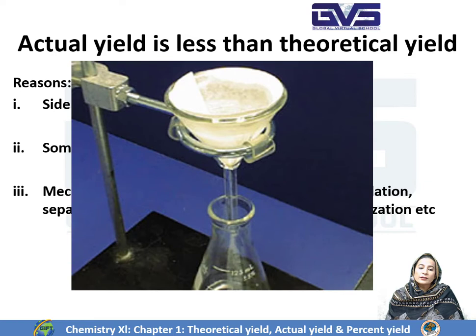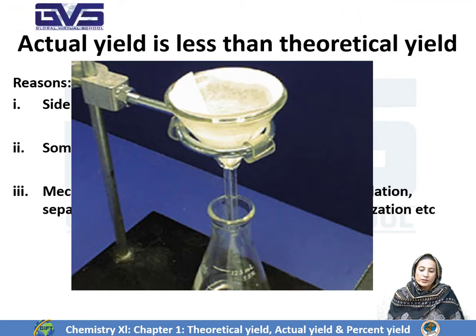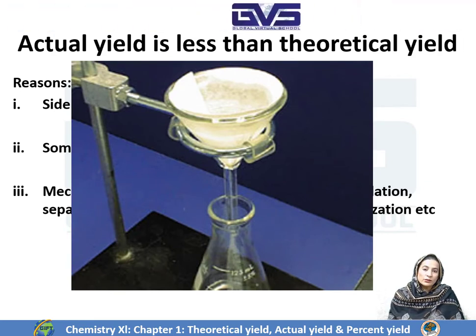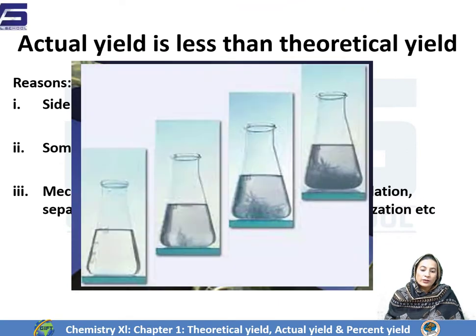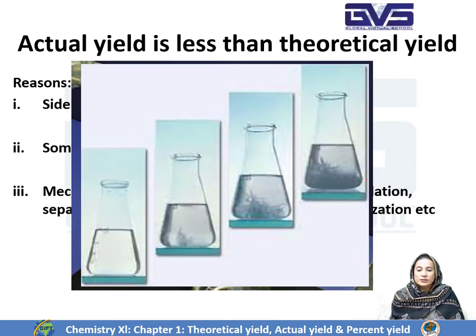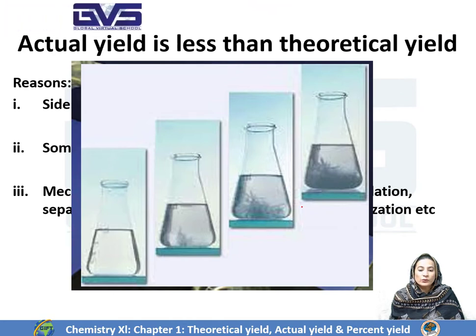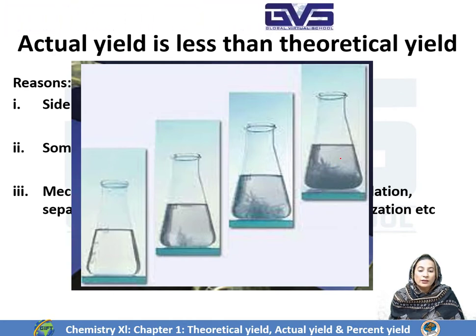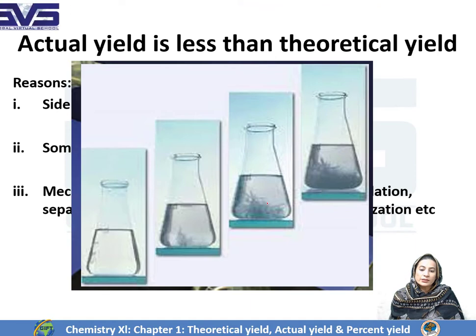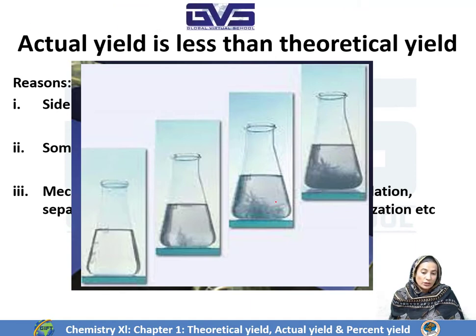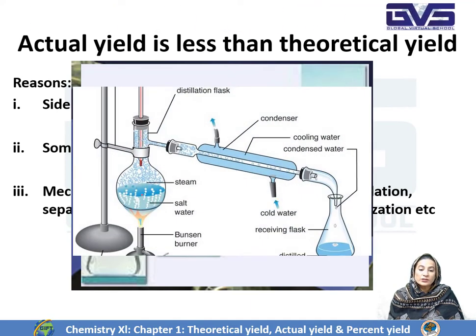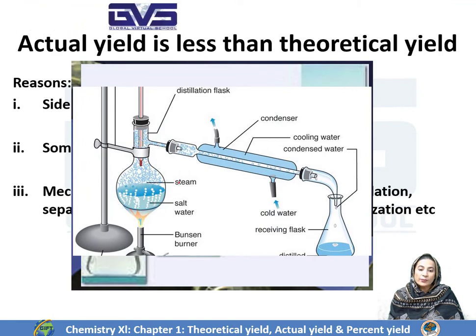So, for example, this is a filter paper. Some of the product can stick on the filter paper. Even during crystallization, in the first step these crystals are formed, but even if you wait for the next step, crystals are still present inside. So there may be loss during crystallization. This is a distillation apparatus.